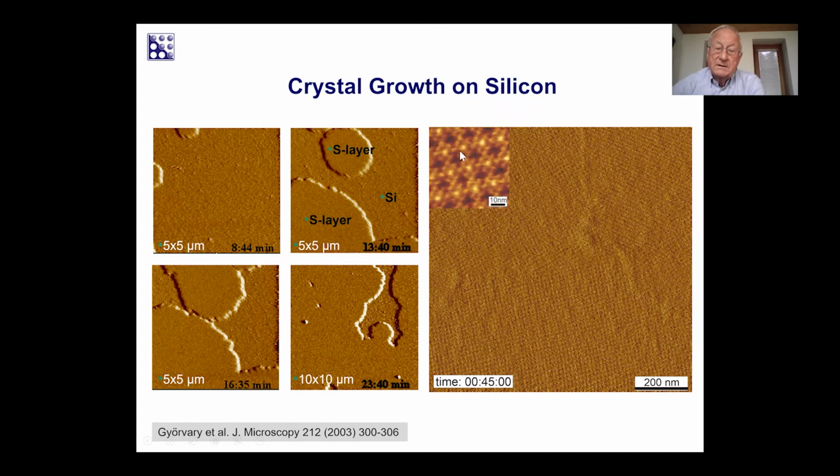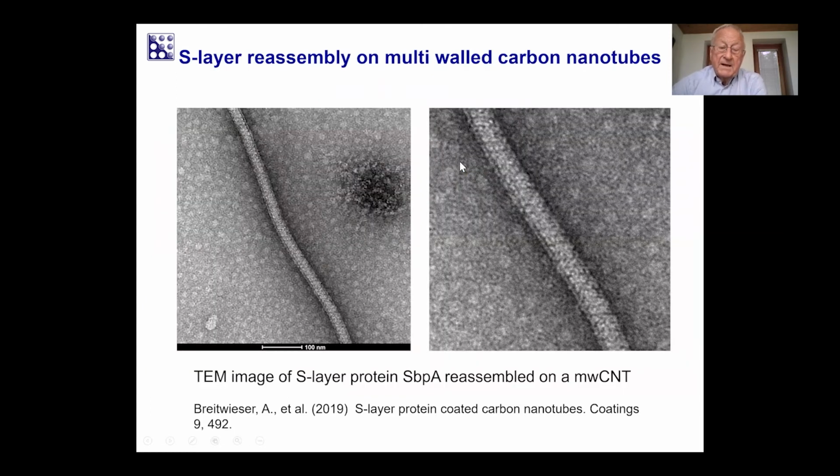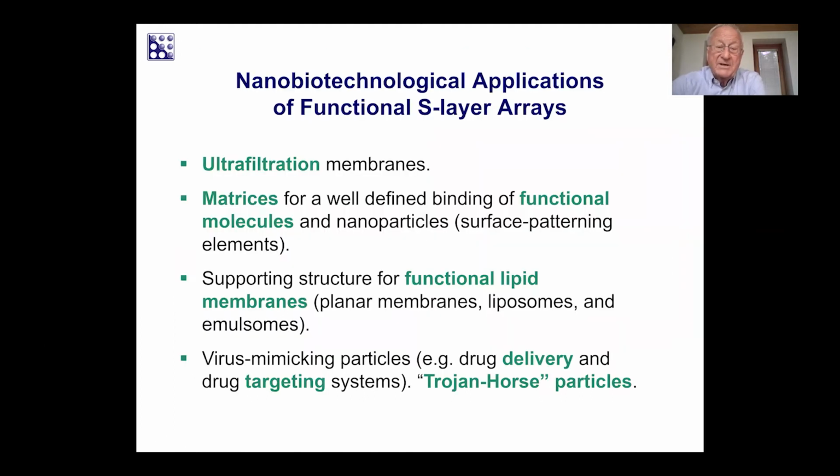We see these morphological units. S layers can cover quite small tubes. In this case, we have carbon nanotubes, and you see that the diameter is about 30 nanometers, and we completely get a coherent layer on such a fiber-like structure.